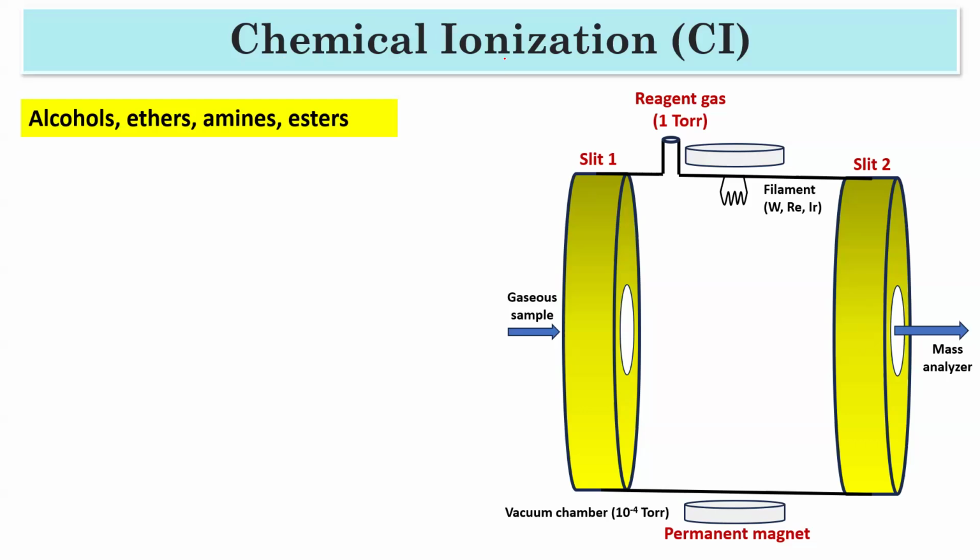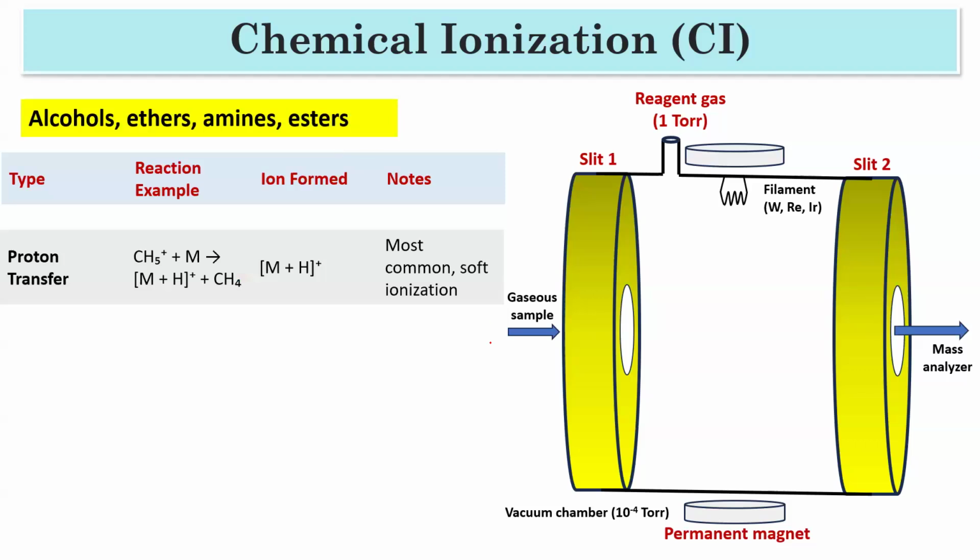So another one is chemical ionization. In this method, instead of only the gaseous sample going inside, they also put in some reagent gas, like methane or ammonia, NH3. So you can have different kinds of gas.